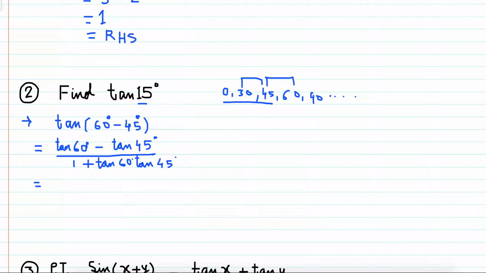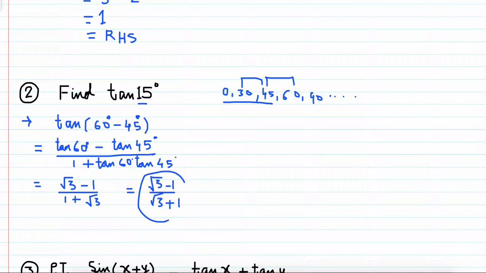And we know that tan 60 is root 3, tan 45 is 1, so this is divided by 1 plus root 3. So our answer is root 3 minus 1 divided by root 3 plus 1. So this is the value of tan 15 degree.